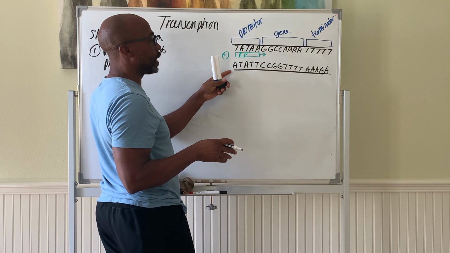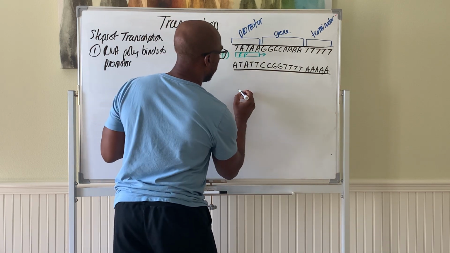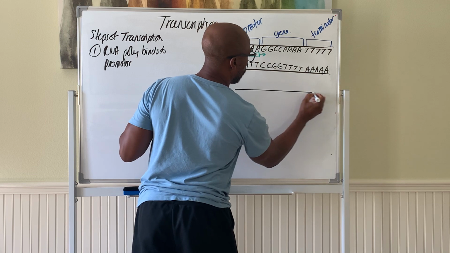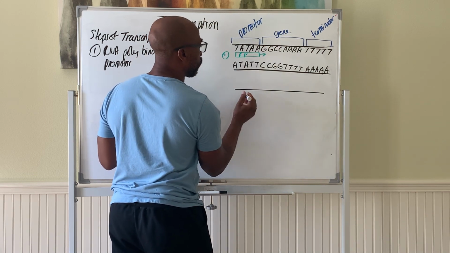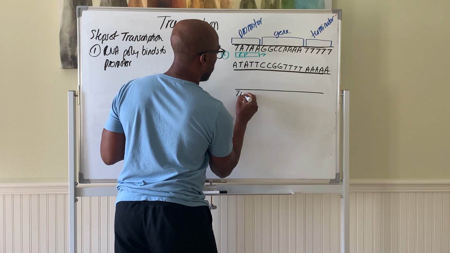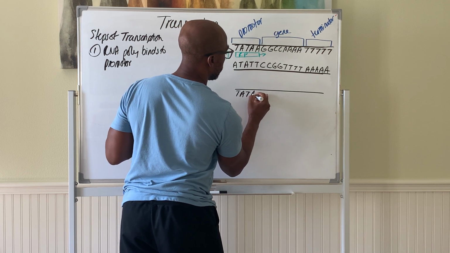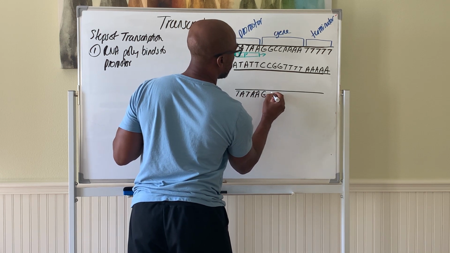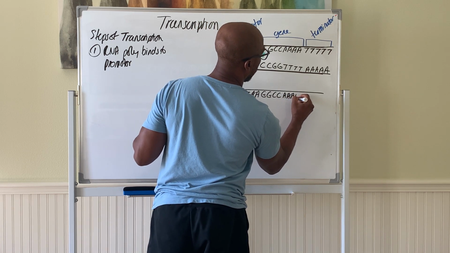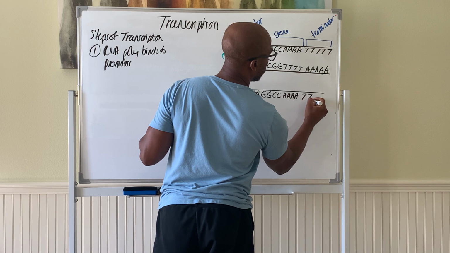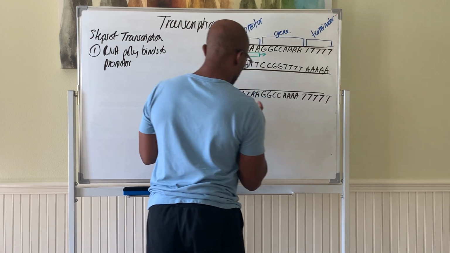And this one will be called the antisense strand. So here again, if we redraw and only draw the top one, but the bottom one is still there, of course, you have the T, A, T, A, G, G, C, C, A, T, T, T, T, T.